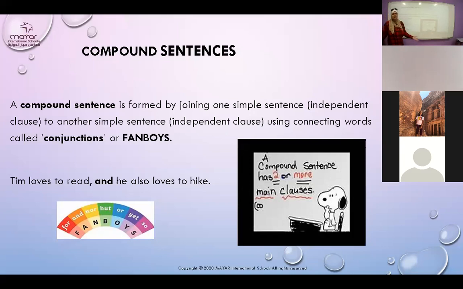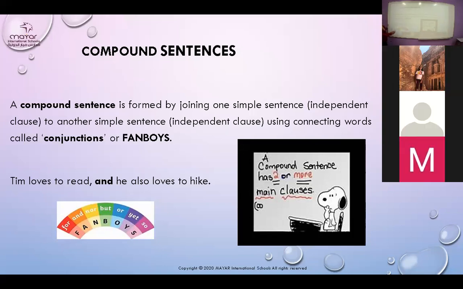Why do we need fanboys? Move with me. Tim loves to read and he also loves to hike. This sentence is very important. Look at the first part. Tim loves to read. Complete idea. Ahmed loves to read. Karam loves apples. Someone likes swimming. She likes shopping.